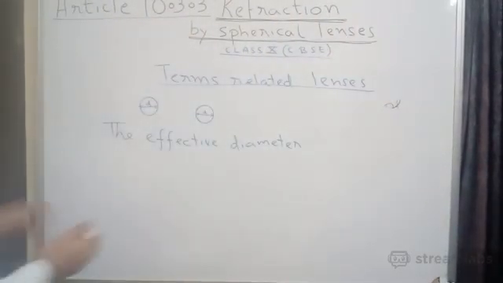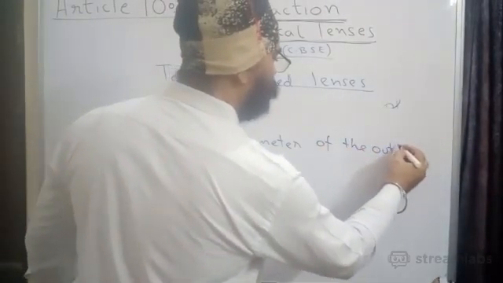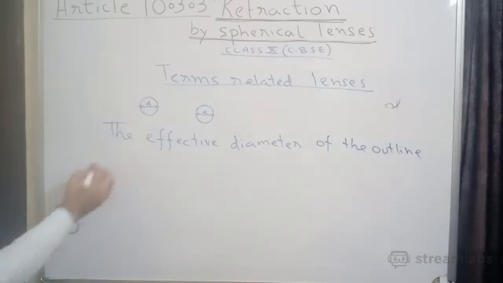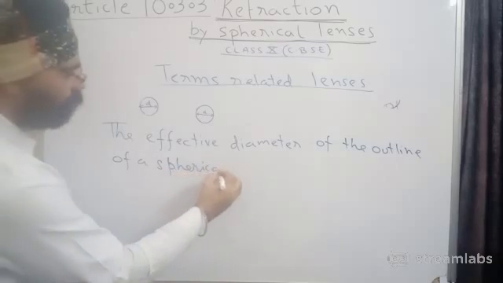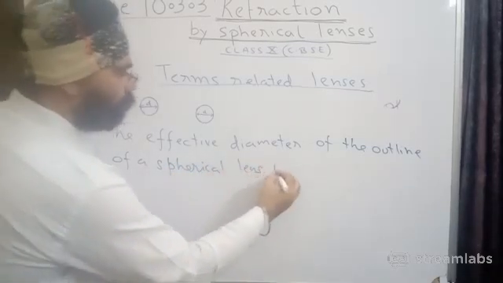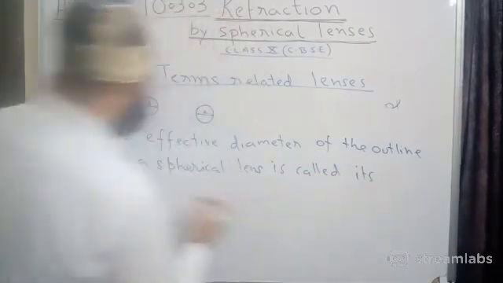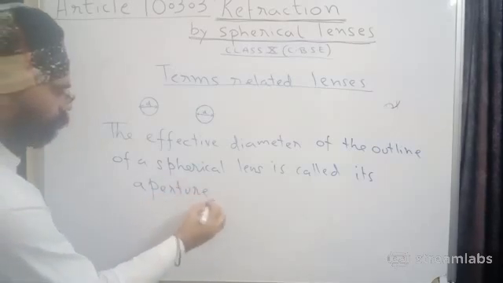The effective diameter of the outline of a spherical lens is called its aperture. What is it called?